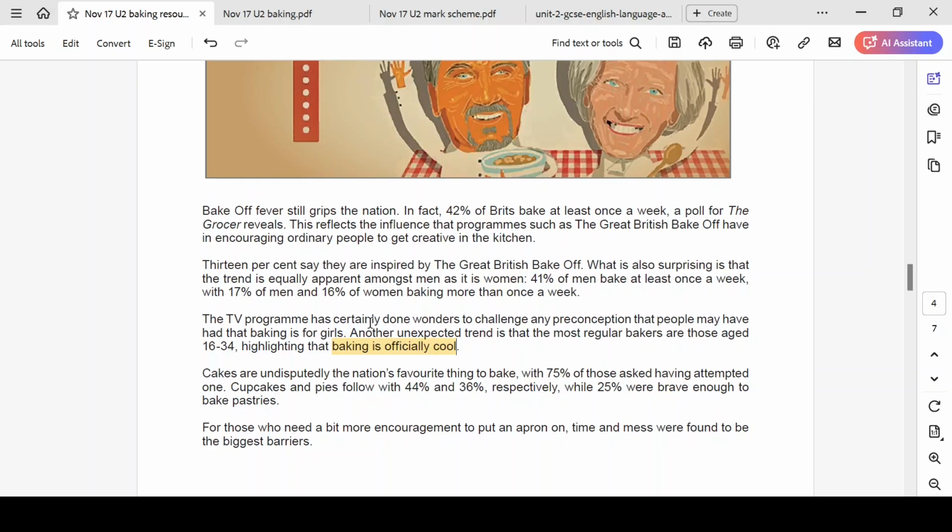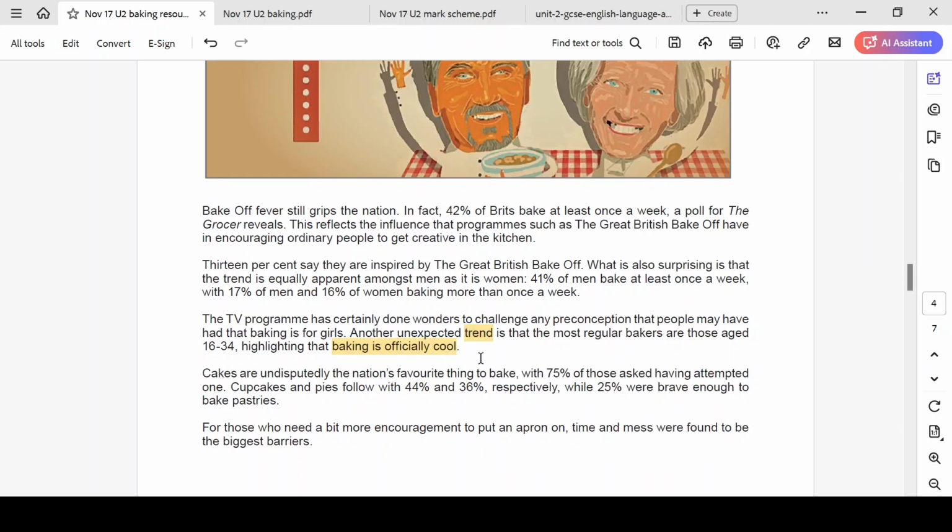So if I go to the resource material, I've found that particular part, read the whole sentence. So, another unexpected trend is that the most regular bakers are those aged 16 to 34, highlighting that baking is officially cool. So the answer's in here somewhere, isn't it? Why is it officially cool? Well, officially, according to the writer of the article, you may not think it is. So I've got the word trend there, which seems to do with something that's cool, isn't it?